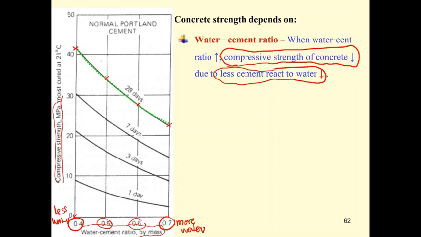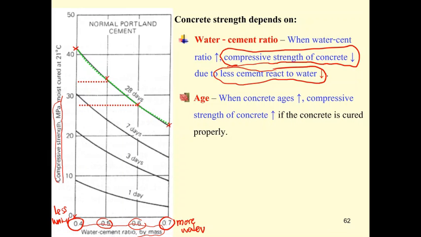And now, if you consider the age of the cement, you may see at 28 days, the curve is always on the top. At 7 days, the curve is lower. And at 3 days, the curve is even lower.